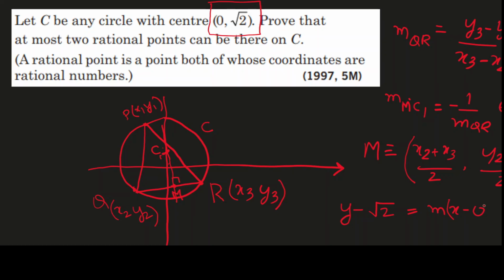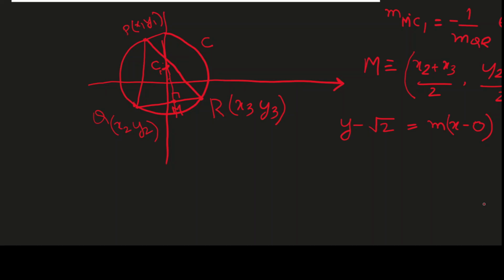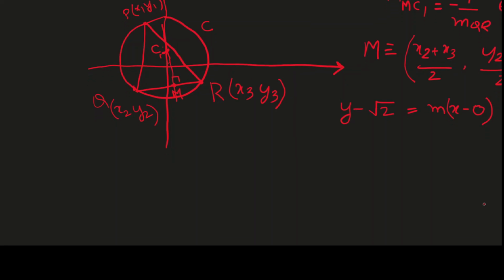I'm just denoting the slope of MC1 as m. So this is the equation of the line, the perpendicular bisector MC1, where C1 is the center, right?